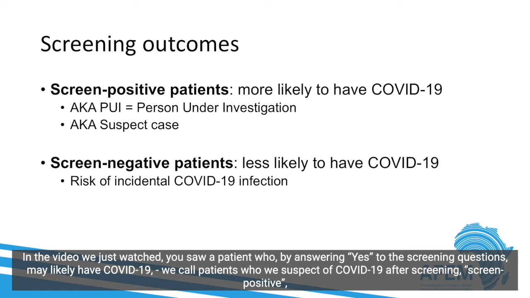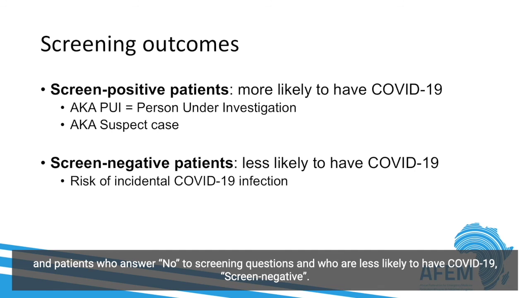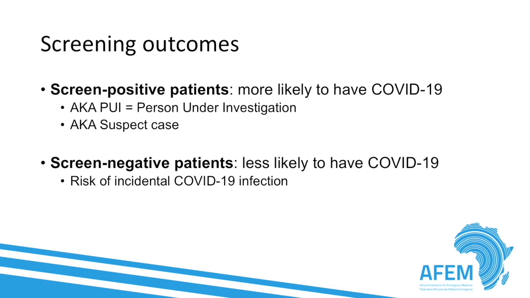In the video we just watched, you saw a patient who, by answering yes to the screening questions, may likely have COVID-19. We call patients who we suspect of COVID-19 after screening screen positive, and patients who answer no to screening questions and who are less likely to have COVID-19 screen negative. Patients who screen positive are sometimes also called PUI, or person under investigation, or suspect case.